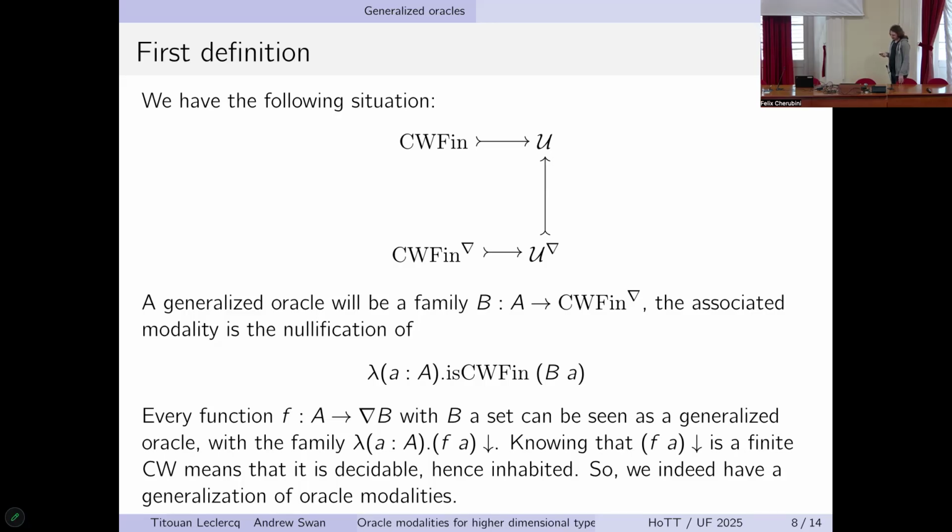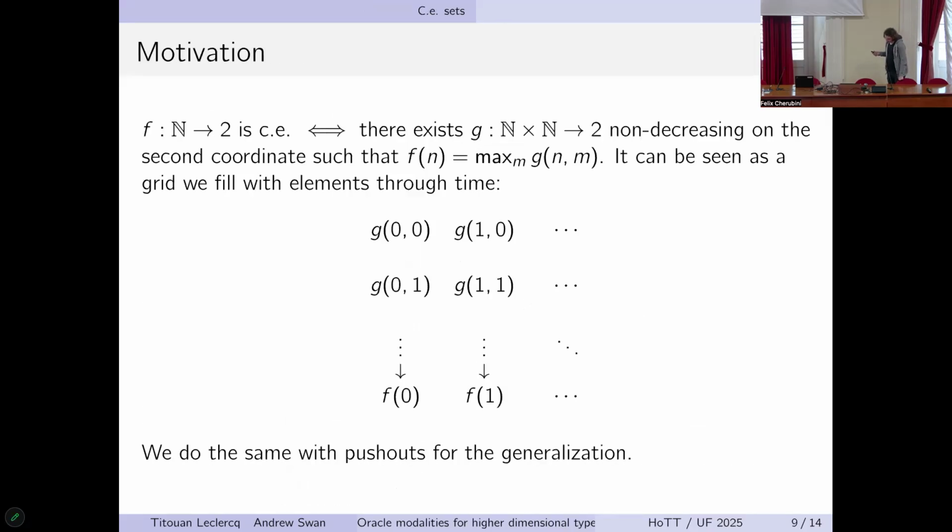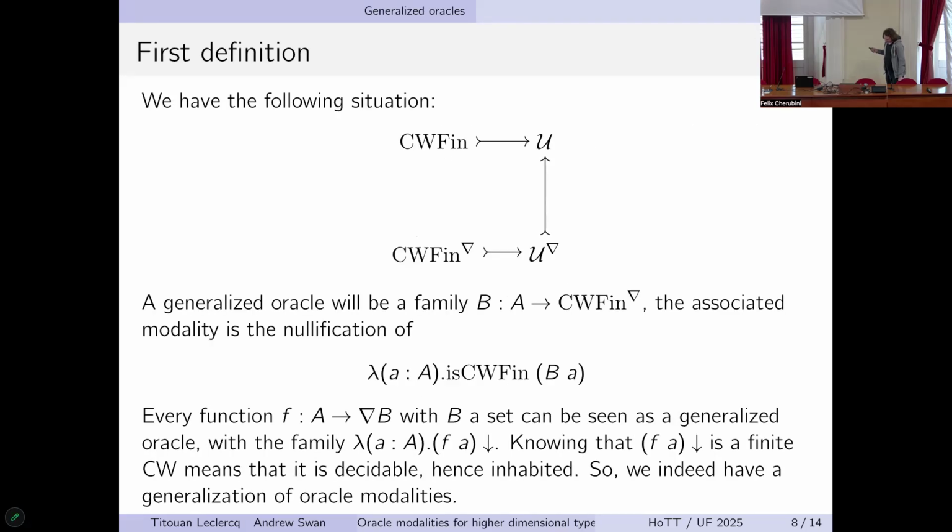And for oracle modalities, the definitions were mostly made with sets in mind, so we always consider that we have even a separable set. In our case, it is a generalization over functions to sets, but it can also talk about other families. So this is our definition of oracle modalities for higher dimensions.